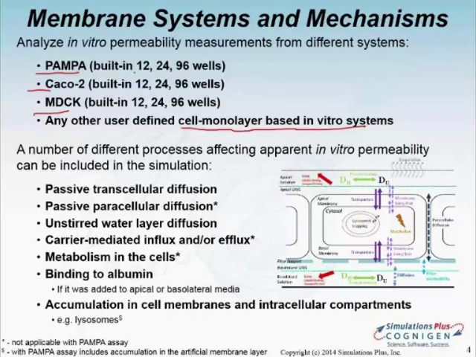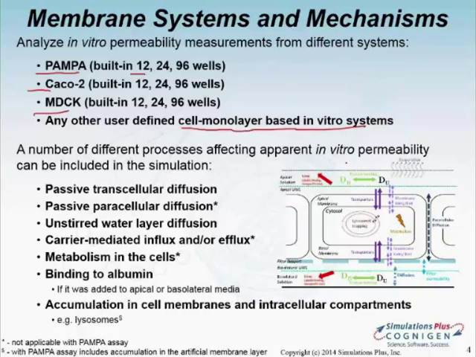And we have built in some basic parameters for these assays being set up in different types of plates, 12, 24, 96 well plates, so you already have a built-in variety of different conditions helping with calibrating your own system.